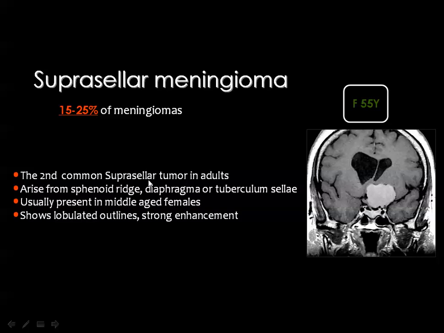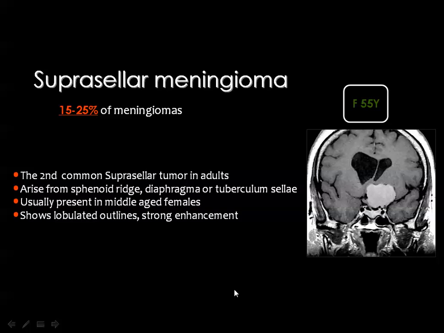It arises in the suprasellar area from the diaphragma sellae, or in the region of the anterior clinoid. The meningiomas, as you all know, are more common in females, and this tumor is considered the second most common suprasellar lesion in adults.